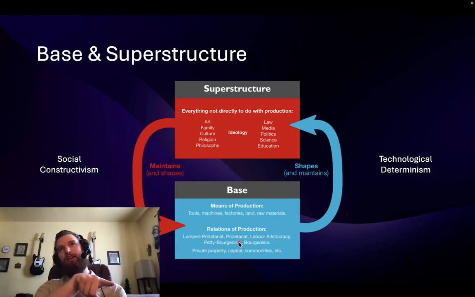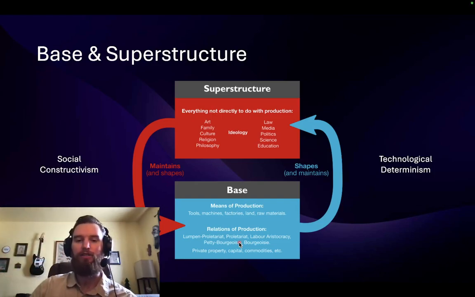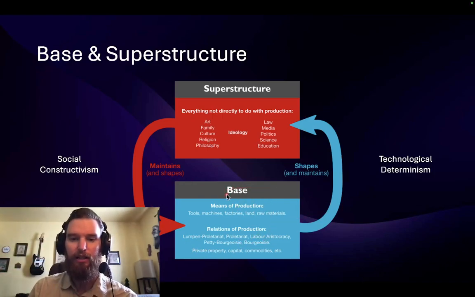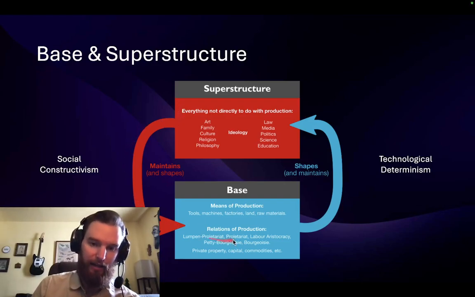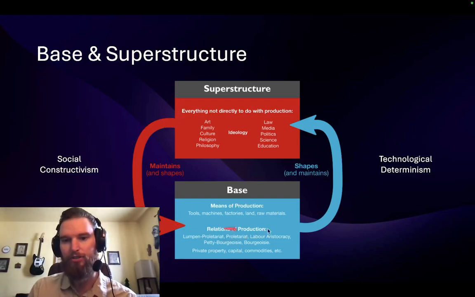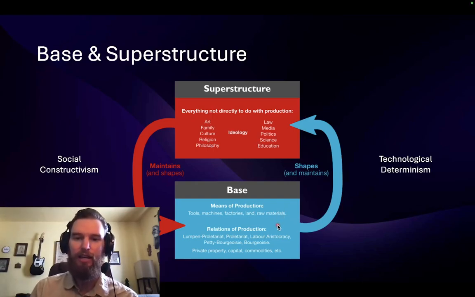So it is a cyclical sort of process where the means of production and the way in which that is integrated into society then has an influence on things like education and art and law, which then goes back and reinforms the means of production. And so if you are seeing this influence strictly in terms of how the base influences the superstructure, that looks more into an idea called technological determinism, right?